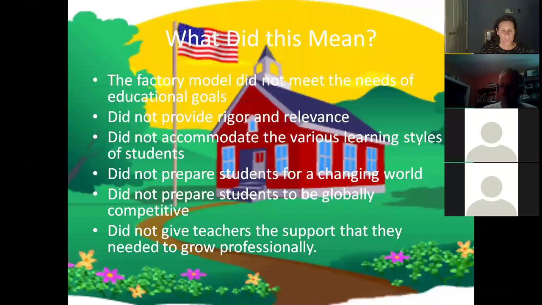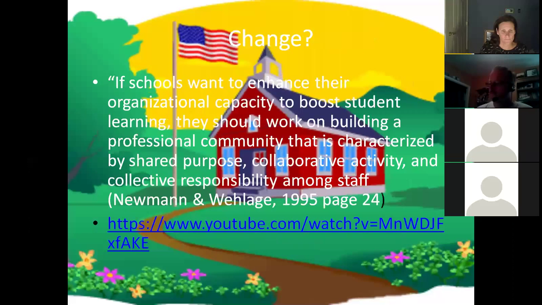It didn't prepare our students for the world that we're living in, which is constantly changing. And we hear a lot about preparing students to be globally competitive. And that was not being done at the time. And it did not really give teachers the support that they needed to really grow professionally. So, of course, we need to have some level of change.